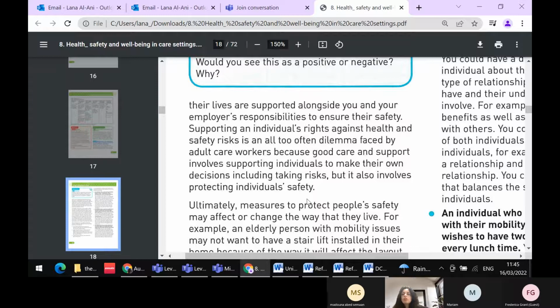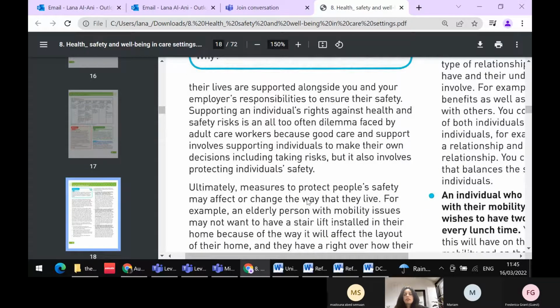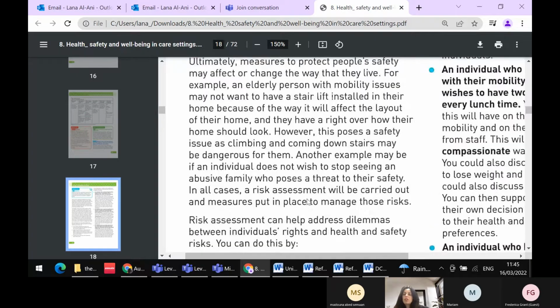Also, when you put these measures in place, you make sure that the people are protected with your risk assessment, because there are certain procedures you will follow. As I told you, the person who doesn't want a stair lift, it is his right, because the house might look ugly with this stair lift.